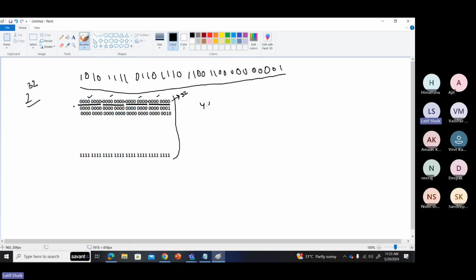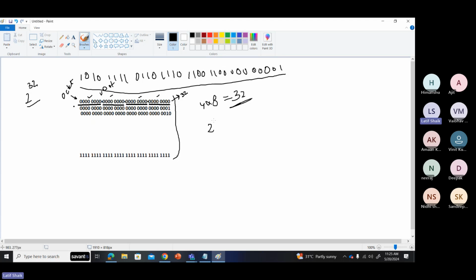That's 4 times 8 bits. While dividing, they use a dot, and each part is 8 bits. Each part we call an octet.